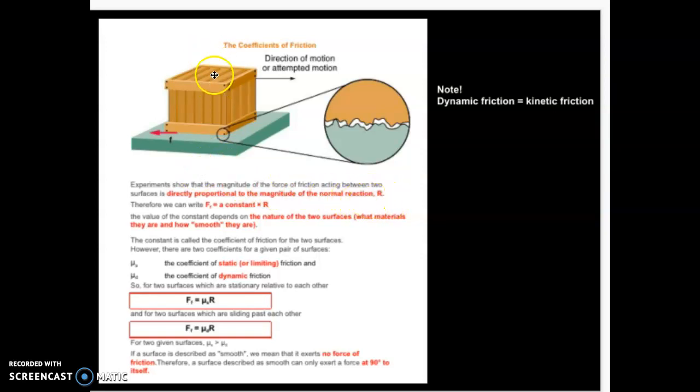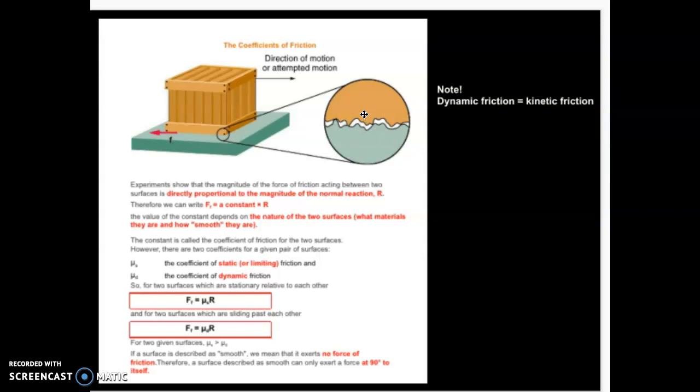So depending on the push up of the surface on the object, the greater that force of friction will become. Which kind of makes sense, because if this is really heavy and it pushes down, then the push back up, the reaction force, is also going to be huge, and therefore these two surfaces really dig into each other, and so therefore friction is greater.